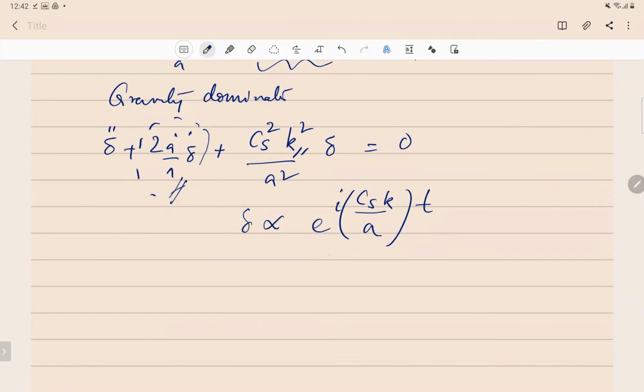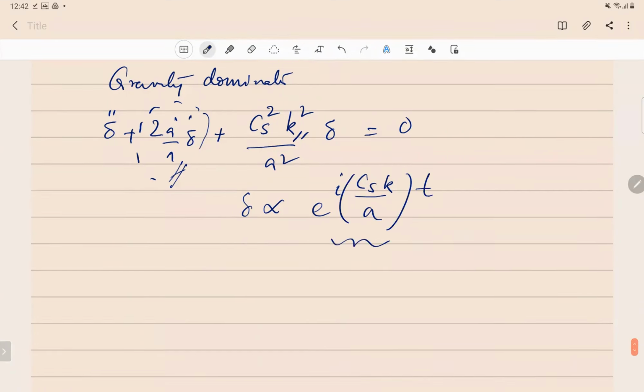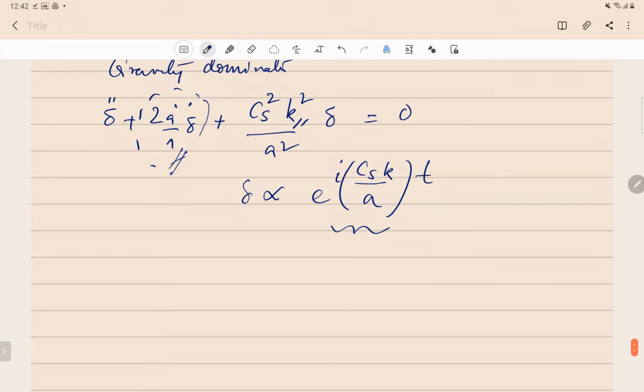This is the kind of frequency that we have, just to get a hang of the temporal frequency of these oscillatory fields. So it's basically this cs k by a that typically appears. Now please note, this is of course assuming cs is constant, which is not necessarily the case.